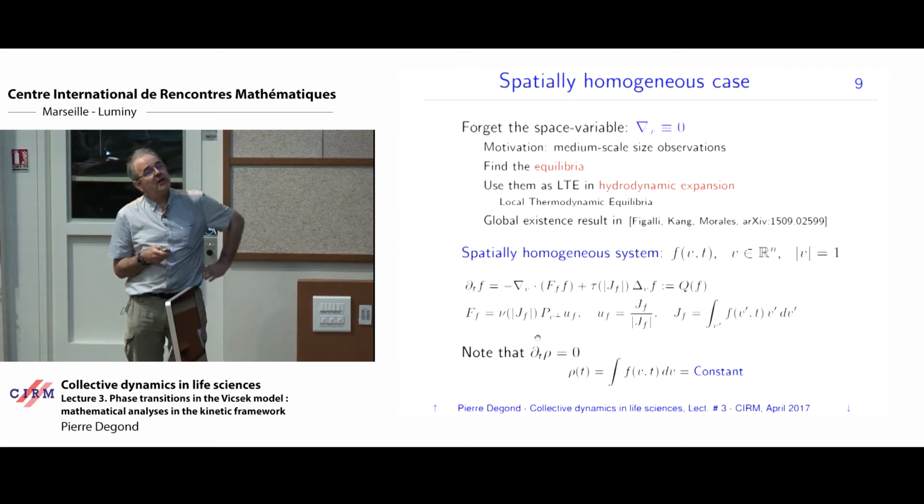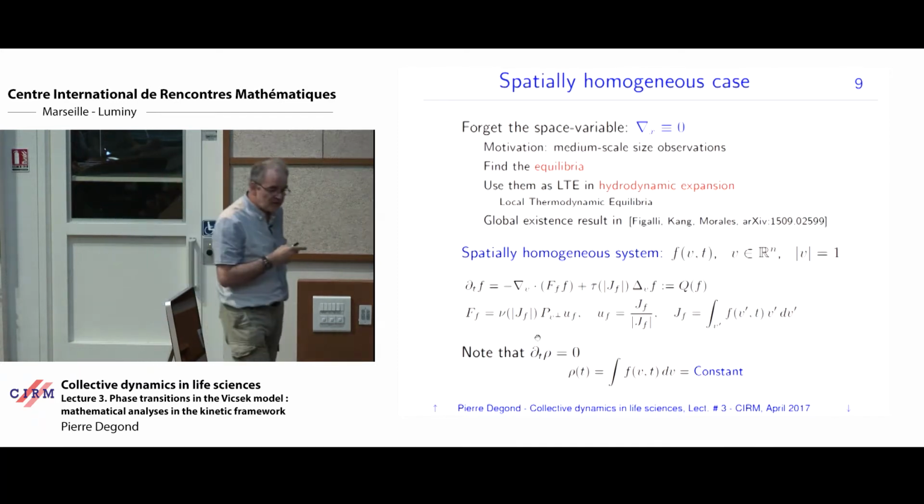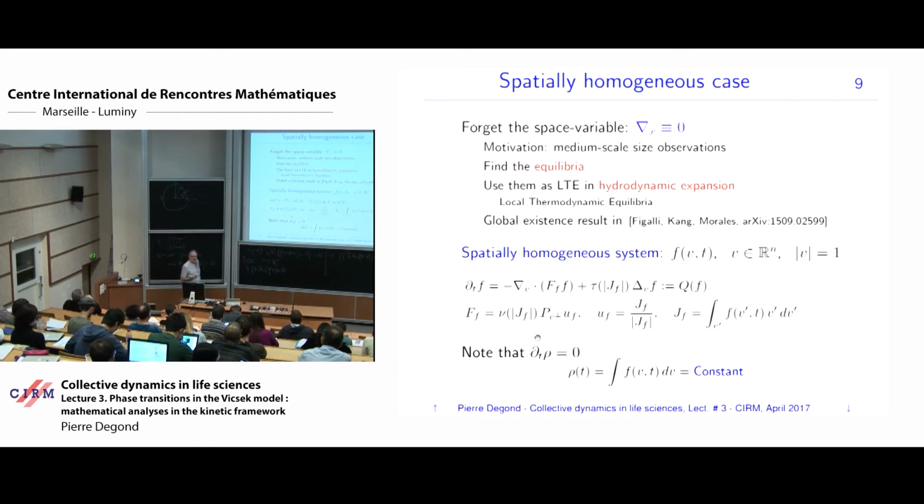So before, we had that these two functions were constants. In fact, in the previous part, we haven't seen any phase transition. We always had an equilibrium, which was a von Mises, and the von Mises is a prototype of an ordered phase. Okay? In order to see the appearance of the phase transition, I need to introduce this dependence.